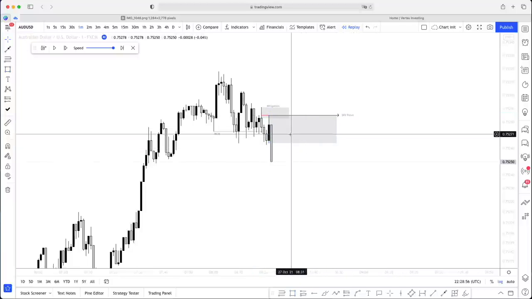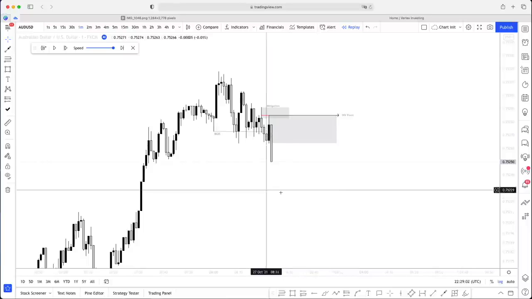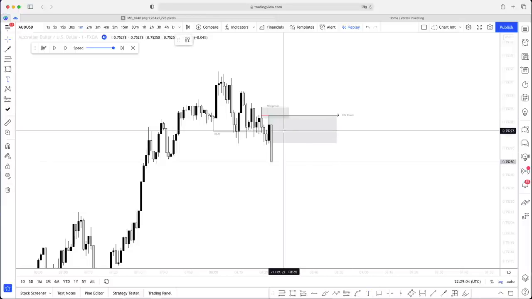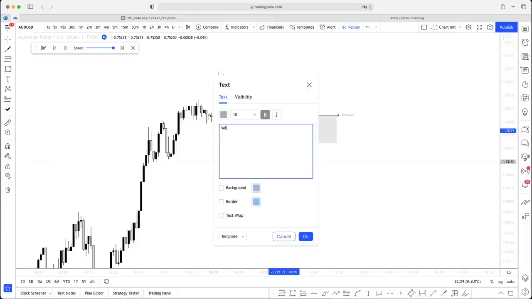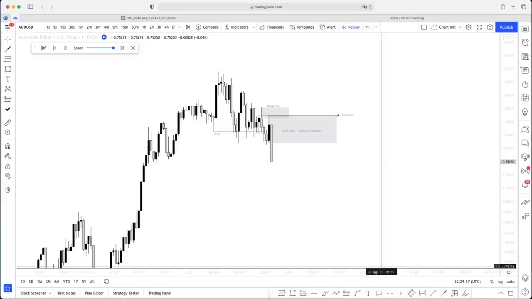And you can take the trade straight off here. Obviously, we're not going to do that because that's not what we do at Vertex. We have a confirmation model for this. But this is another valid entry, and it is higher probability than the first one, purely because you have the mitigation play and you have the invalidation point.